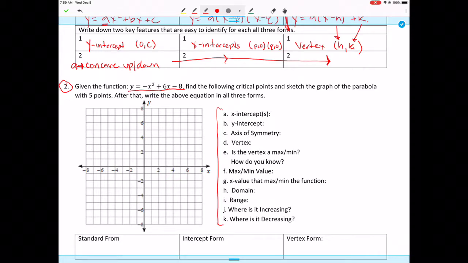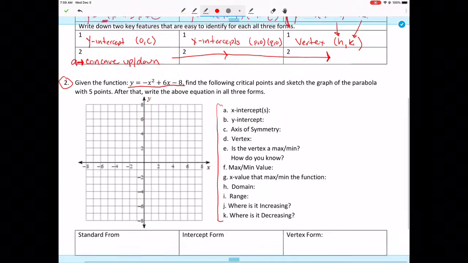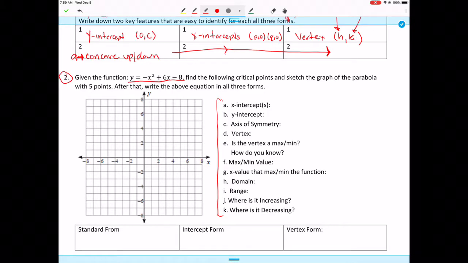So if you want to switch it to intercept form or vertex form, you are more than welcome to do that. But I'm just going to do it assuming that I'm not going to switch it, just so that we can see having all 3 forms. So this is standard form. Number 3, we do intercept form, and problem 4, we do vertex form.